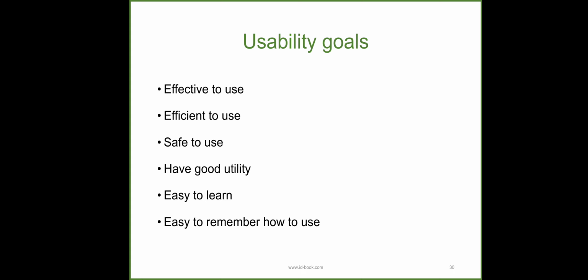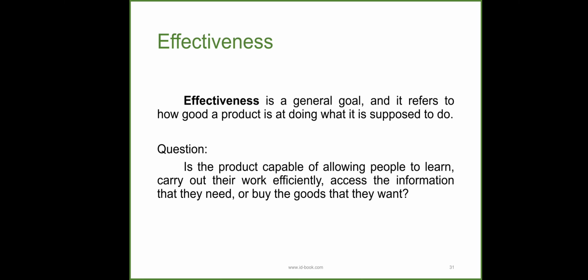So when we say effective to use or effectiveness, this is a general goal and it refers to how good a product is, unsa siya kanindot or unsa siya ka sakto, in doing what it is supposed to do.